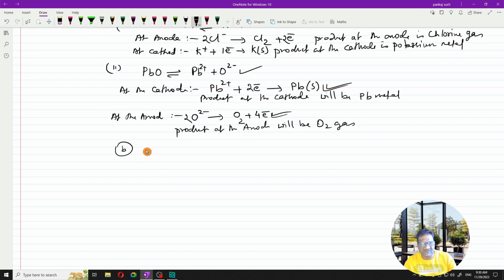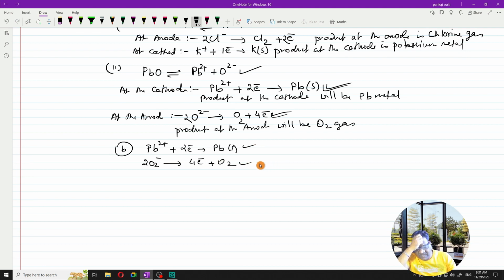So B's answer will be: Pb2+ will accept 2 electrons to give you lead, the solid form, and 2 oxide ions will lose 4 electrons to convert to oxygen, O2. So these are the two half cell reactions.